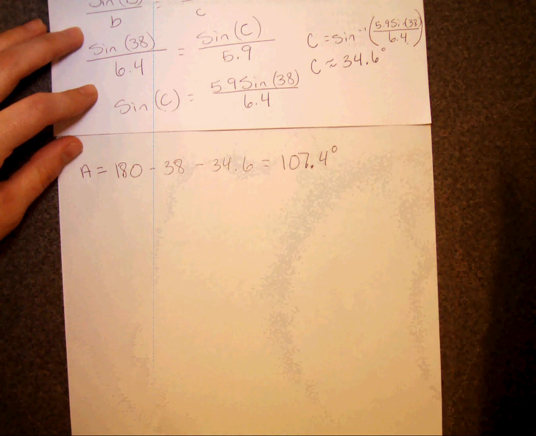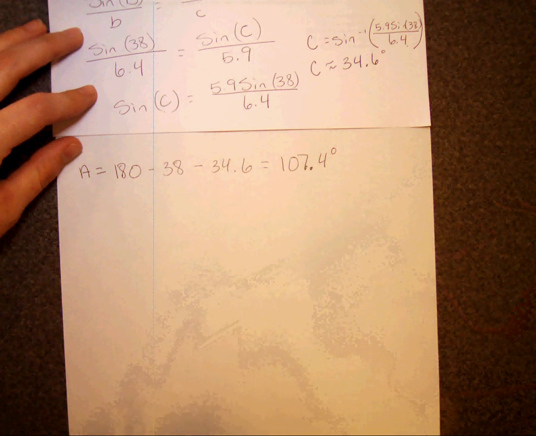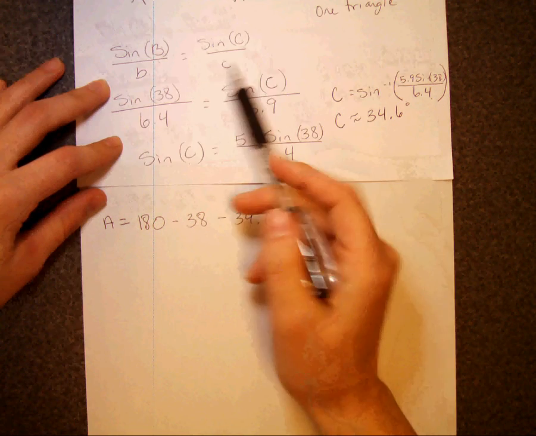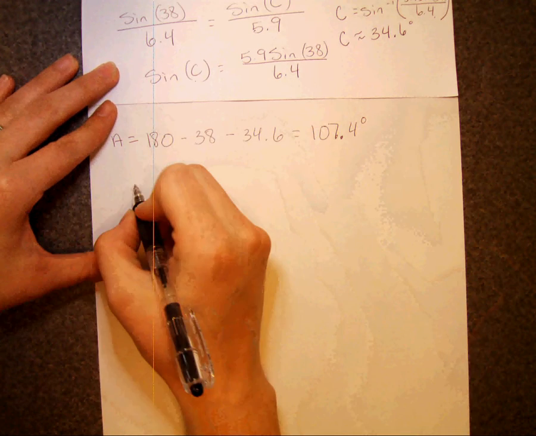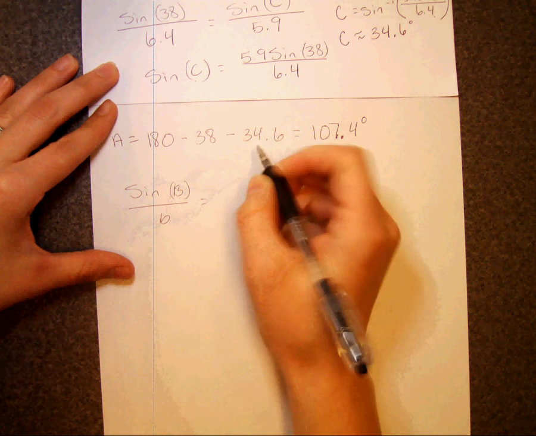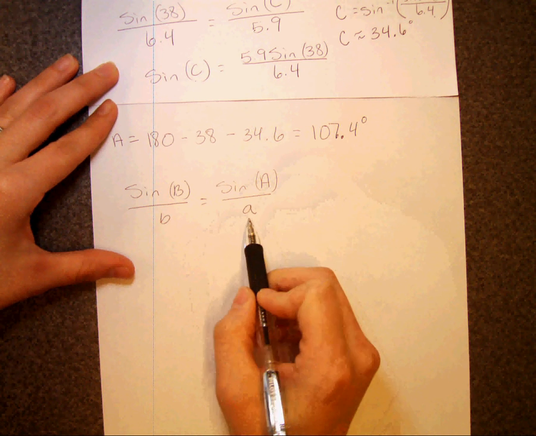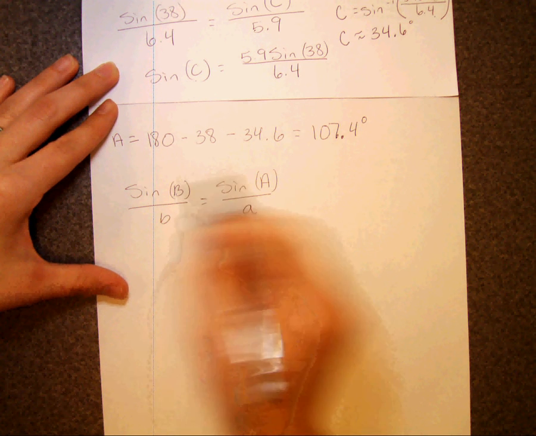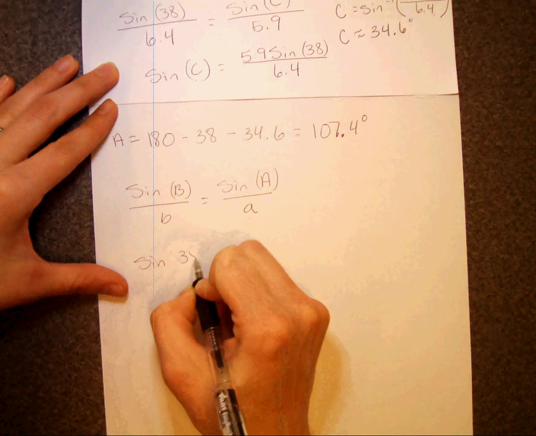So I know I need to use the ratio that has side A in it, and I know all the pieces of information for B and for C, so I can use either one of those. I started with the ratio with B, so I'm just going to continue using it, but it wouldn't matter if you switched up. So I'm going to do sine B over B equals sine A over A, and we're solving for the side A. So I'm going to plug all the numbers in that I know.